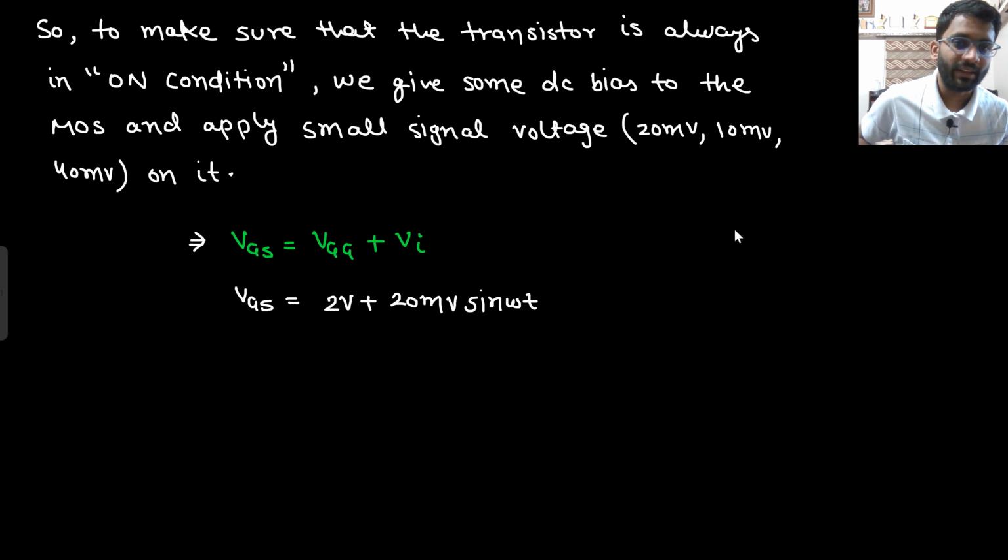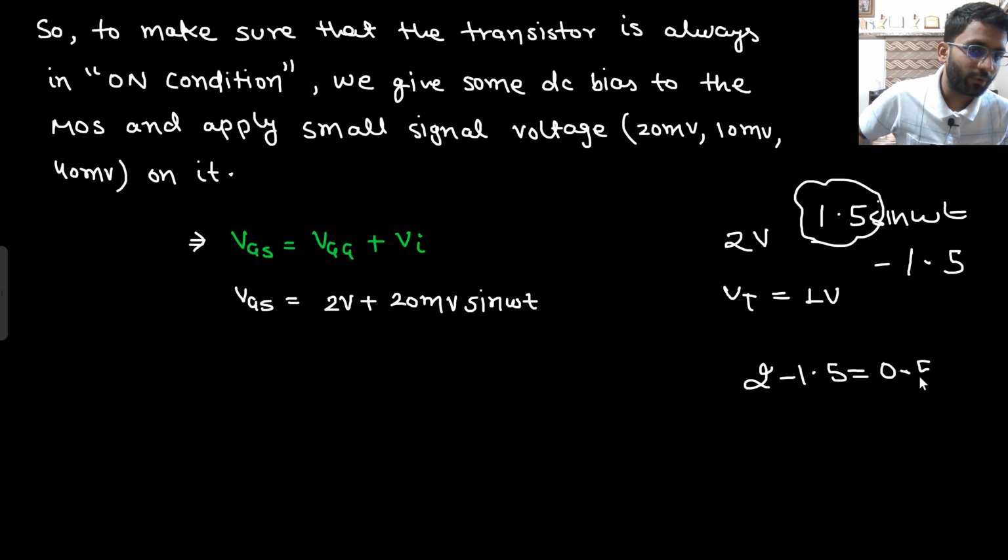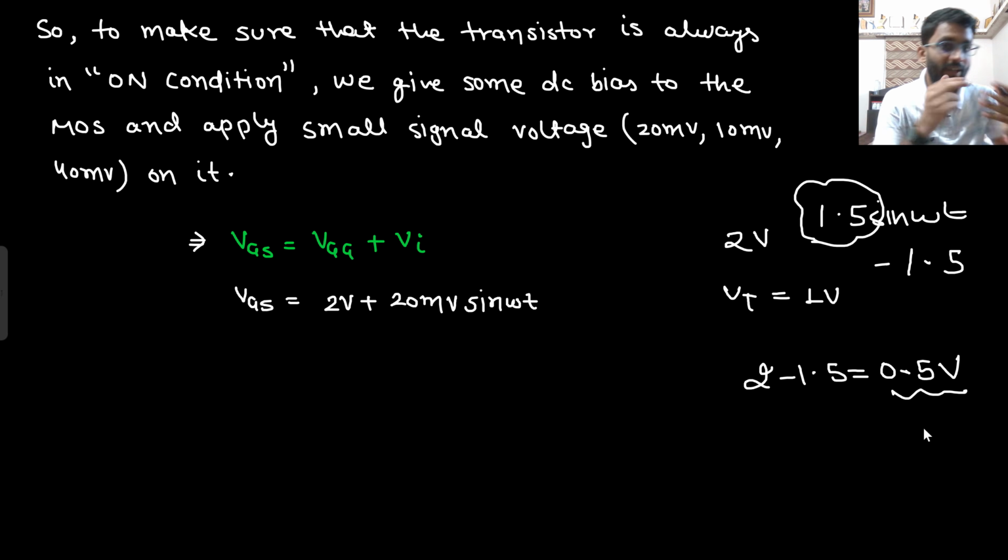Let's assume if it was large, the DC signal I gave is 2 volt, and the AC signal that I am applying is 1.5 sin omega t, and the value of Vt of my transistor is 1 volt. Then the minimum value it can attain is minus 1.5. So 2 minus 1.5, at some point you will get your input voltage to be 0.5 volt. So your transistor may get turned off.